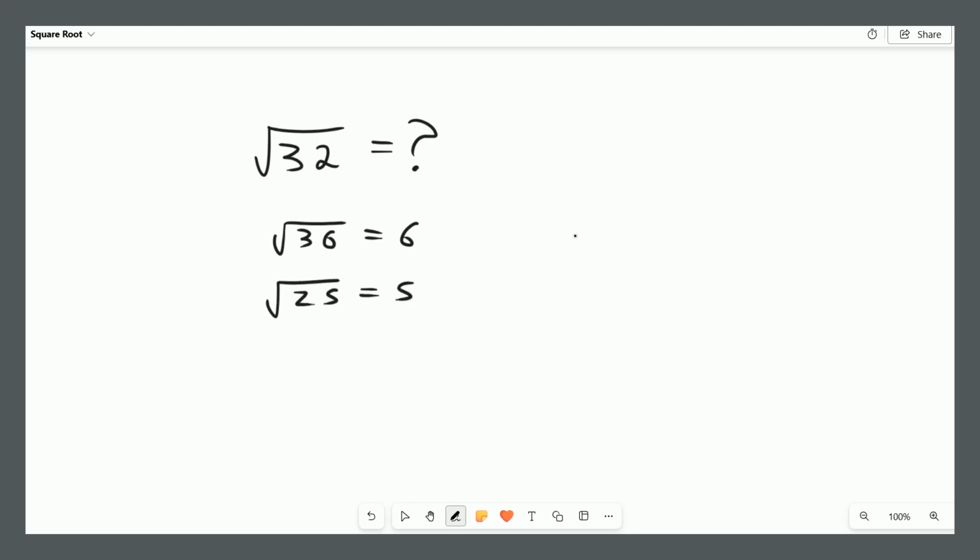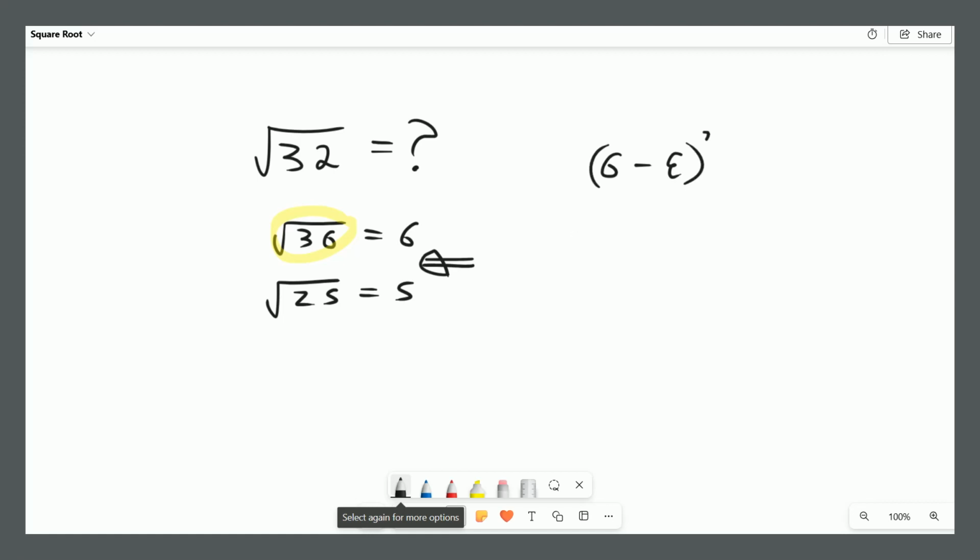So once again, the square root of 32 should be somewhere in there, but probably closer to 6 because 32 is closer to 36 than it is to 25. So what we have then is (6 - epsilon)² equals 32.